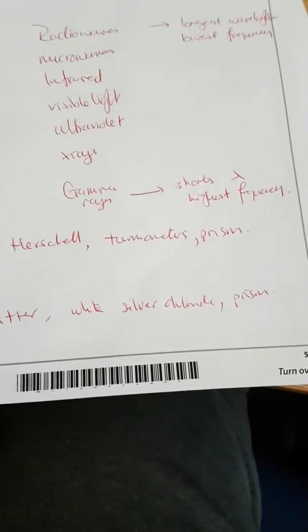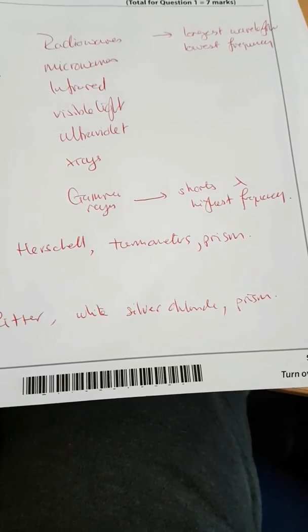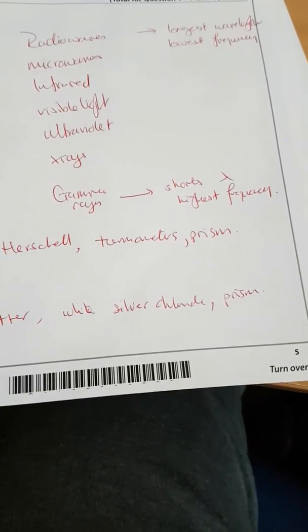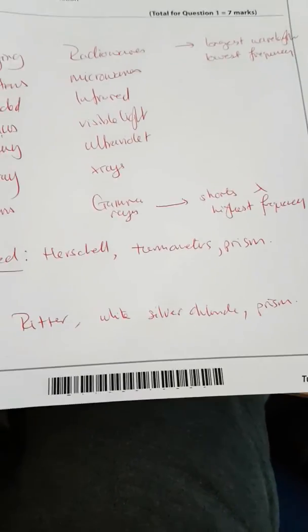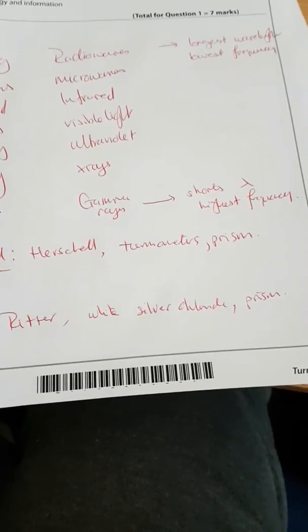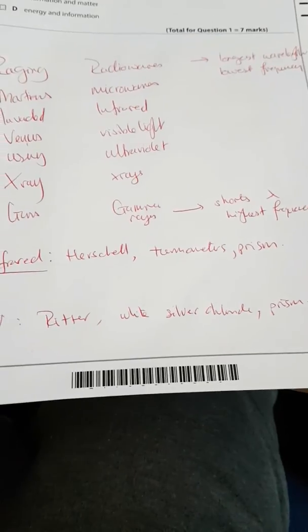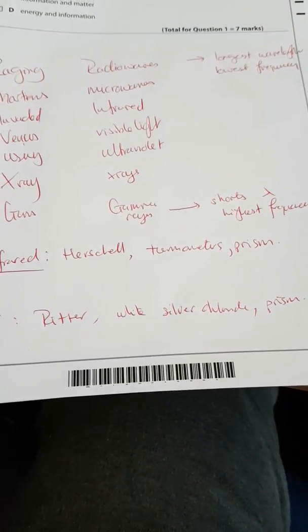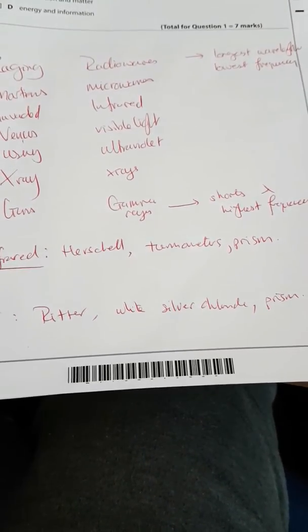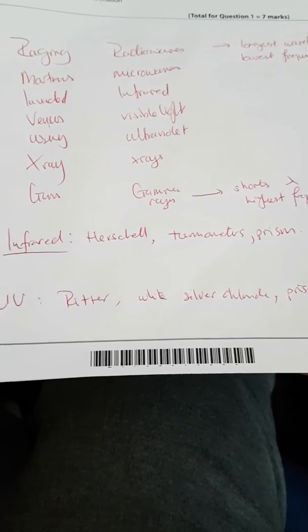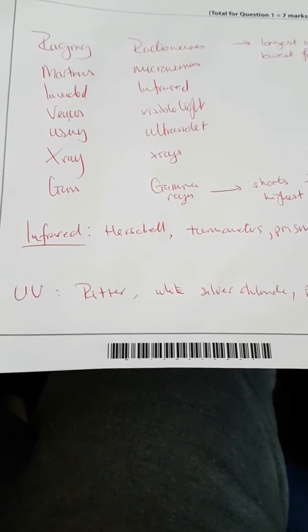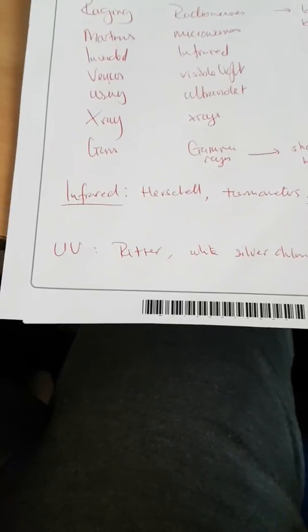He then put it just past red, where he couldn't see anything, but the thermometer reading went up. What that demonstrated to him is that there is something beyond red called infrared, and that it's something real that exists. He discovered infrared because it caused a temperature change even though he couldn't see it.